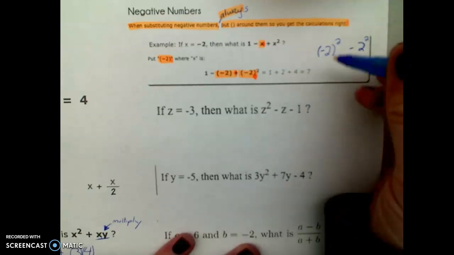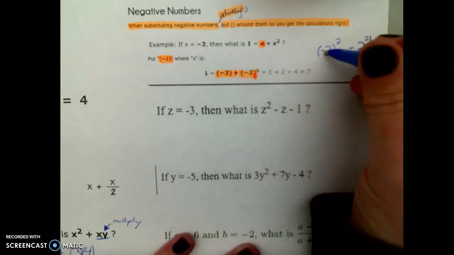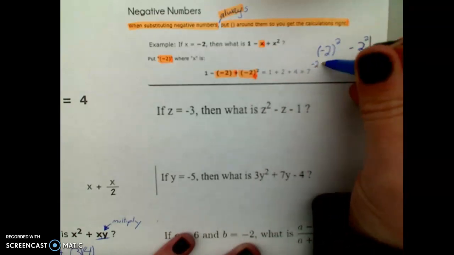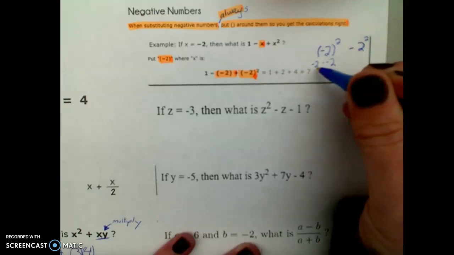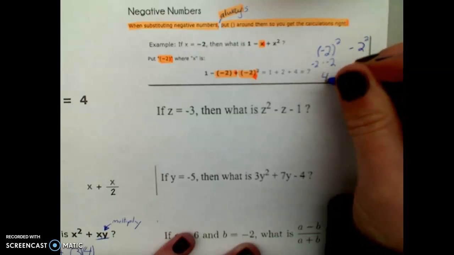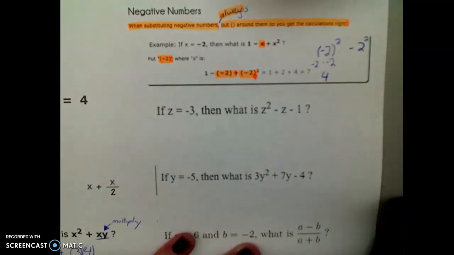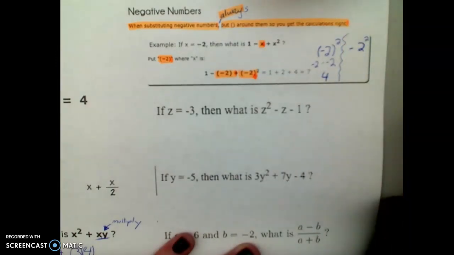For example, this one right here, just like we saw in our problem, means we're going to have -2 times -2. Well, we all know that a negative times a negative is going to give us a positive answer. So that works in the case of the parentheses.